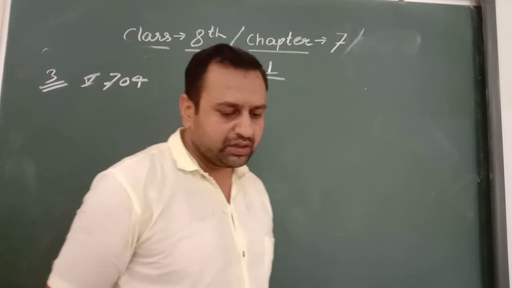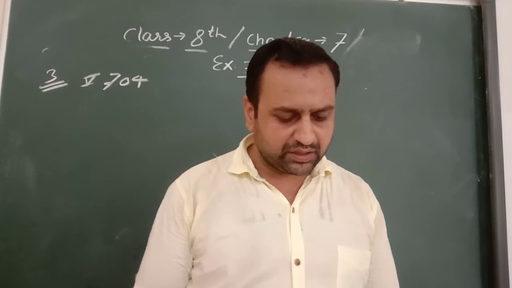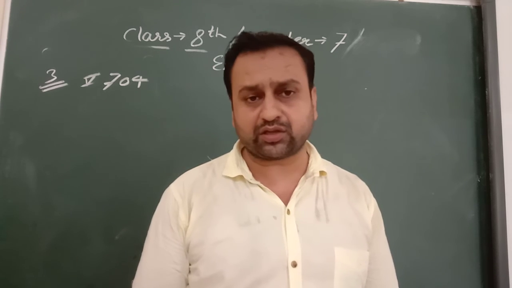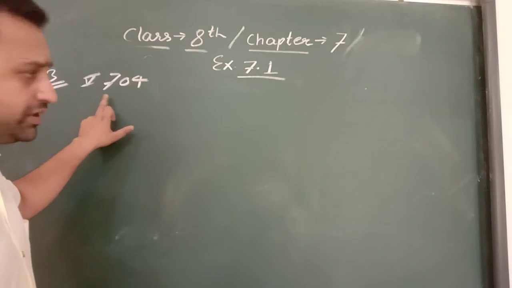Okay students, it is the last question of the video. Find the smallest number by which each of the following numbers must be divided to obtain a perfect cube. We have noted down this part, 704.